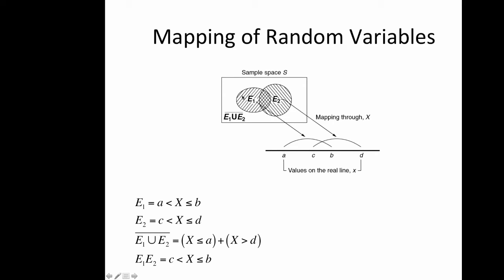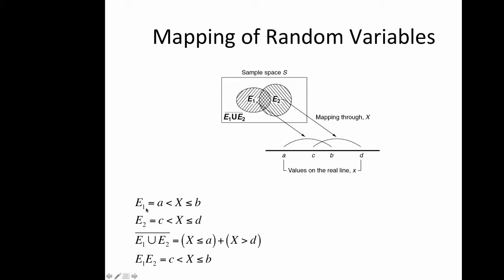If we want to discuss this in analytical form, we need to map this sample space and these events through our random variables. We do that simply by saying, if this is event 1, we can represent it on our real number line x, because lowercase x is going to take on our values.